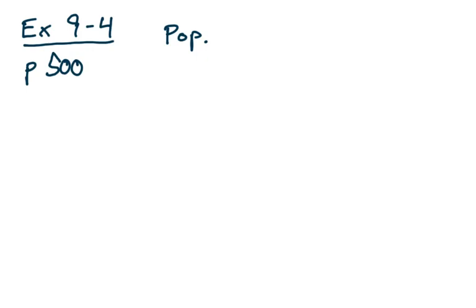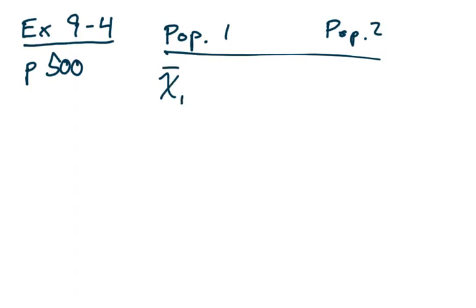Okay, and then we'll fill in the details in a minute. So we've got two populations. One of them is the men, the other is the women. We're going to have two different sample means, so we'll say x̄ subscript 1 and x̄ subscript 2.